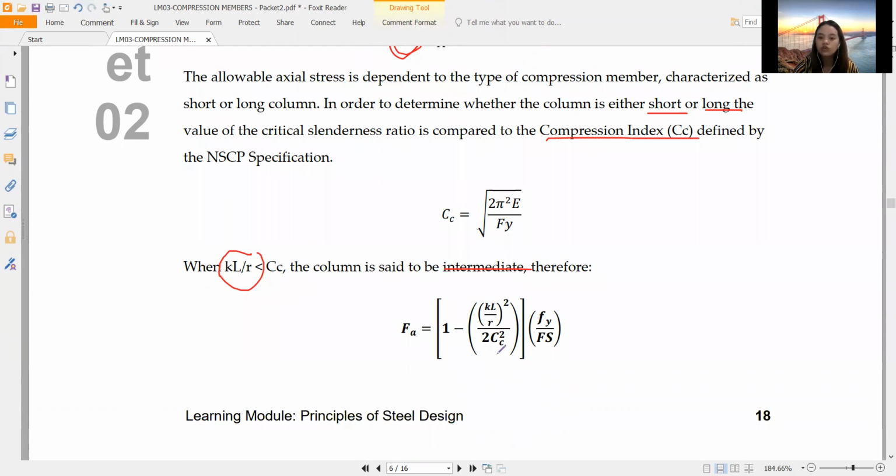And for a short column, we have this formula: 1 minus the slenderness ratio squared over 2 CC squared, multiplied by your Fy, and the factor of safety.